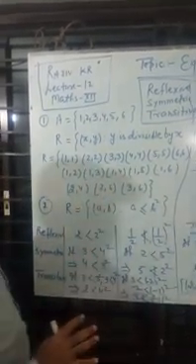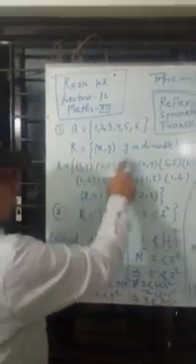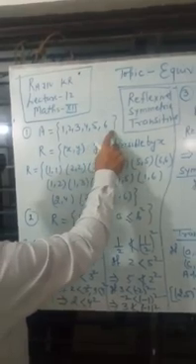First, you prepare the set of ordered pairs that follows the rule of the relation. You take the elements from this set.